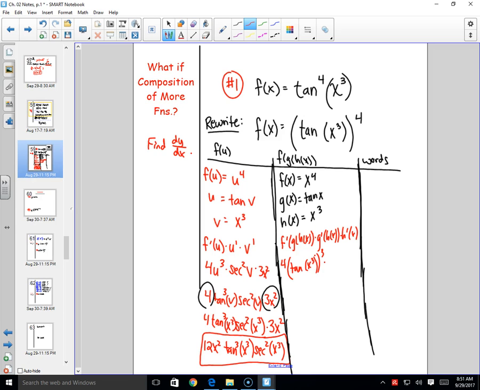And then g prime is secant squared of h, which is x cubed. What's the last part? h prime of x, and h prime of x is 3x squared. Times each. Oh, so we did get it right. It's just messy. So that'd be 12x squared tangent cubed of x cubed secant squared of x cubed.